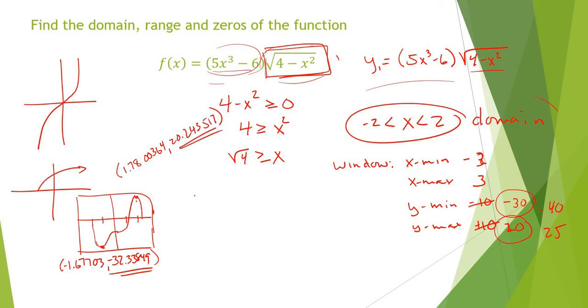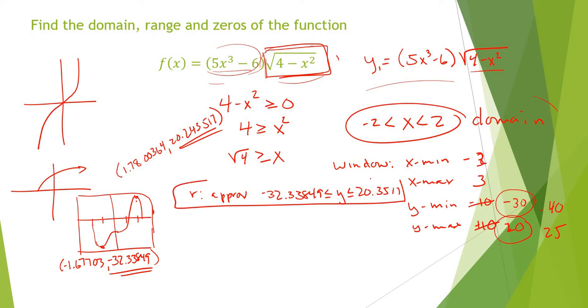So my range is approximately from -32.33849 to 20.3517. So there's my range. Here's my domain.